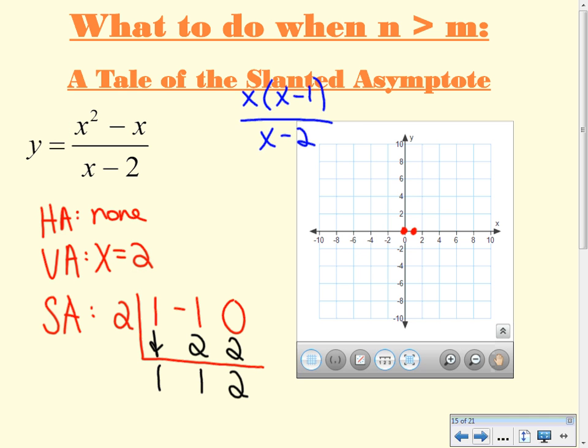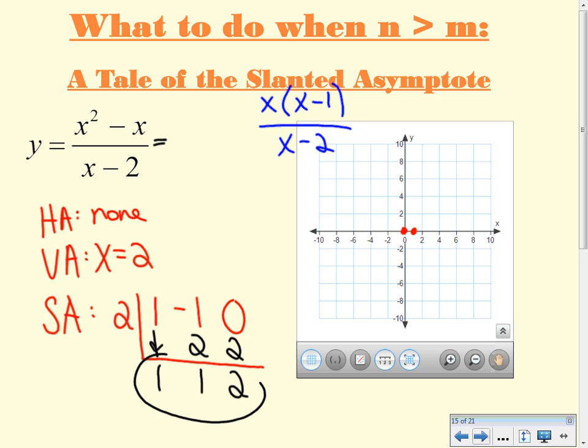All right, so what we have is that this original function here, let me just move the factored version over a little bit, is exactly equal to x plus 1 plus 2 over x minus 2. They're equivalent because we divided them. Well, we can say that as x gets pretty large, the remainder part of this problem is not going to matter very much.